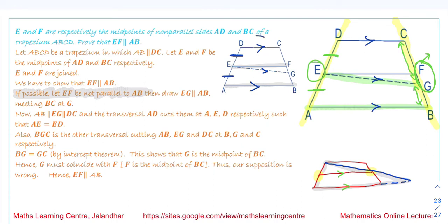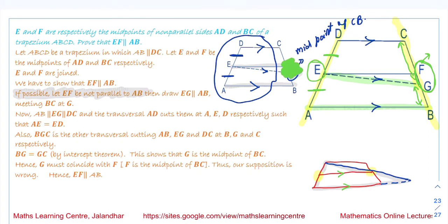Now if this much is given to us, then automatically G is the midpoint of CB, and this is possible only if F and G, these two points, coincide, otherwise this is not possible. So our supposition that G and F are two different points, or our supposition that EF is not parallel to AB, is wrong. So we get that EF is parallel to AB.